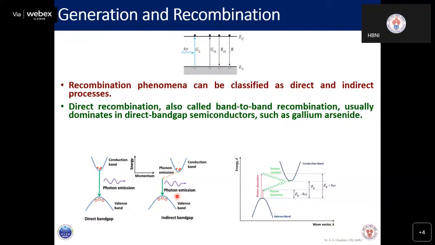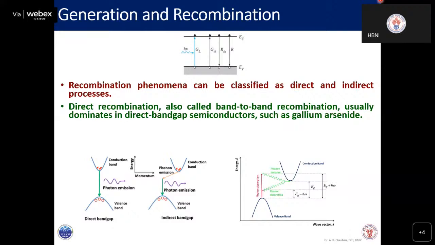However, if you want to understand how the transition takes place in indirect band gap materials, they have to absorb this much radiation, and corresponding to this much energy a photon has to be absorbed. So they have to absorb the band gap energy plus the energy required for this movement, that is, thermal energy.